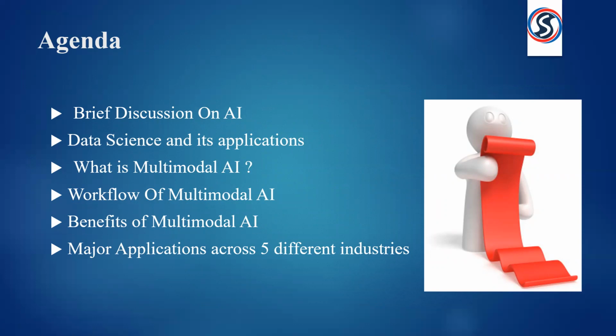We are going to learn about the benefits of multimodal AI and its major applications across five different industries. I have selected five different industries, and we will discuss how multimodal AI is working in them and the advantages it has brought to those industries.